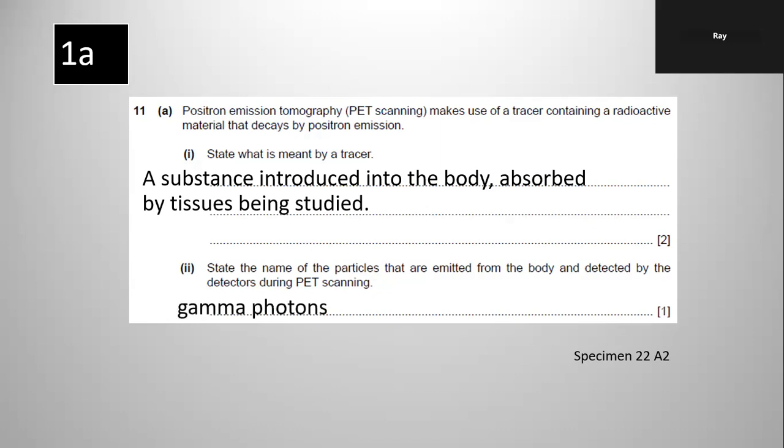The positron is emitted, but it interacts with the electron to produce gamma ray photons. So what is detected by the PET scanner is gamma photon, not positron.